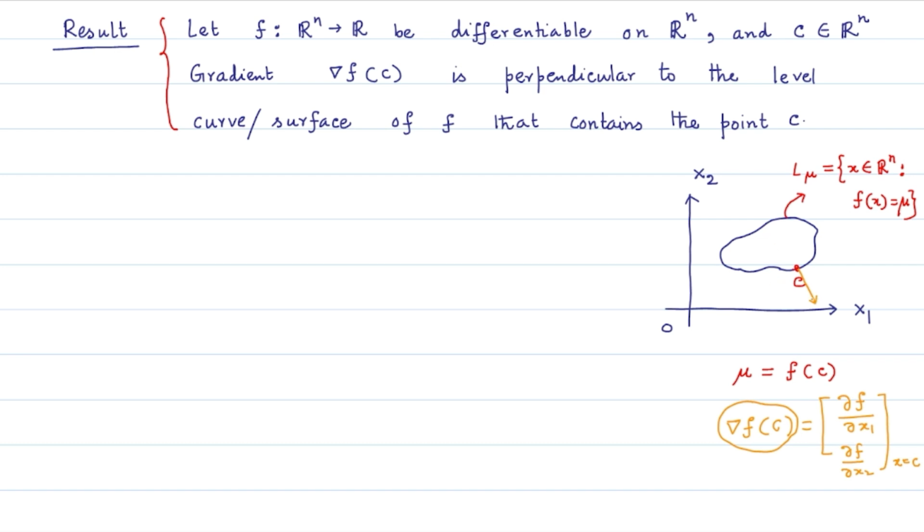That means this grad f is perpendicular to the tangent at the point C on this level curve L mu. I'll prove this result for a function of two variables. By increasing the number of variables, you will get the general proof for functions of n variables.